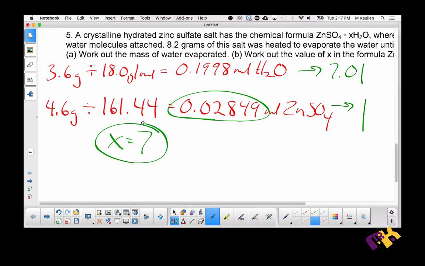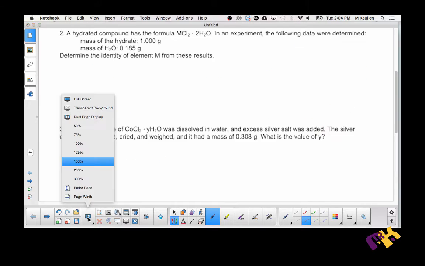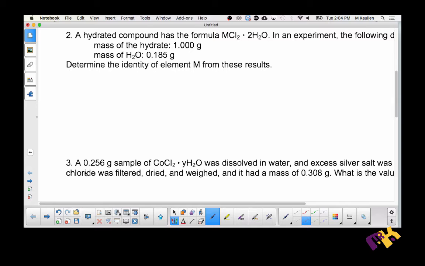So it's a heptahydrate. How about that? Here, give us some work room. Okay. So the mass of the anhydrate should be 1 minus the 0.185. Right?